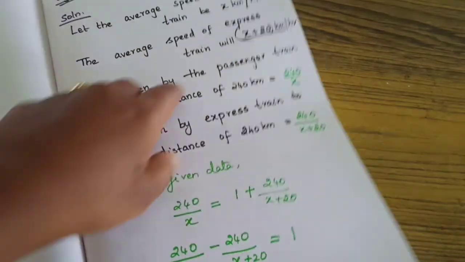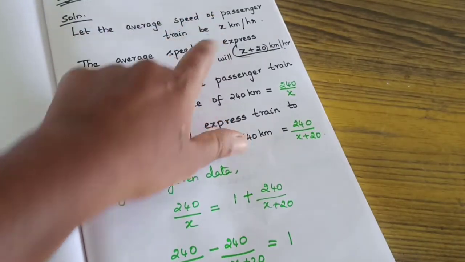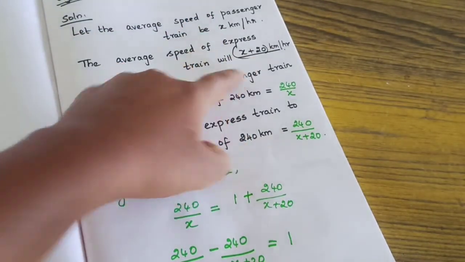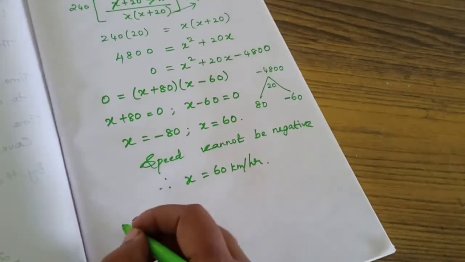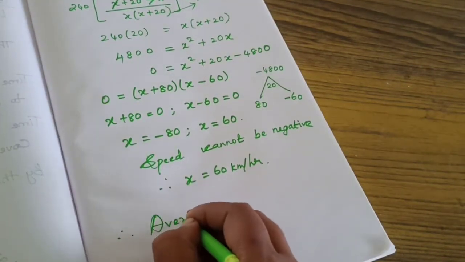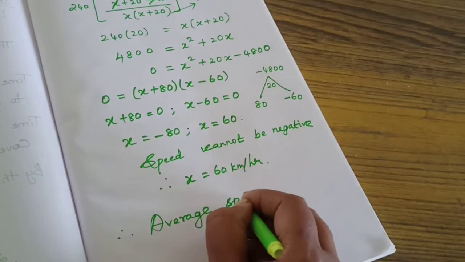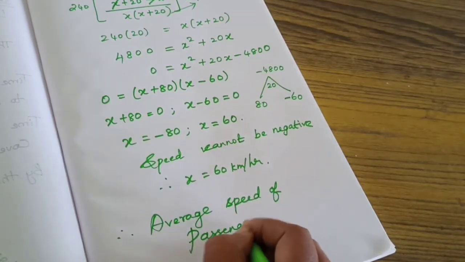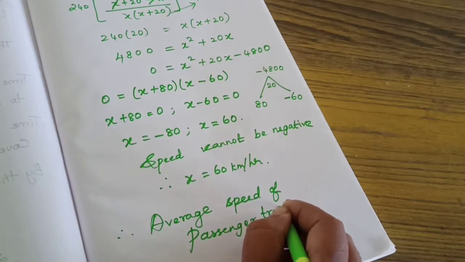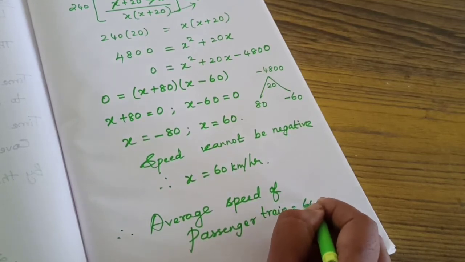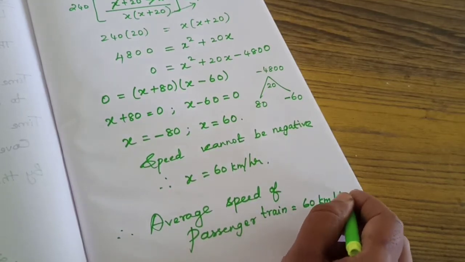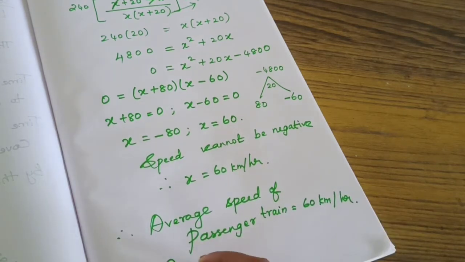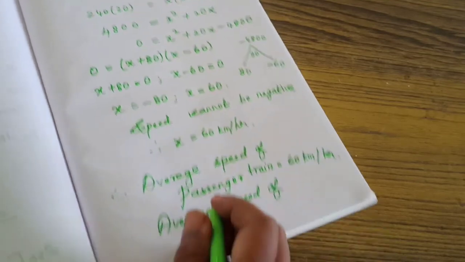Actually, x is the speed of which train? Passenger train. Express train means x plus 20. Therefore, the average speed of the passenger train is equal to 60 kilometer per hour, and the average speed of which train?